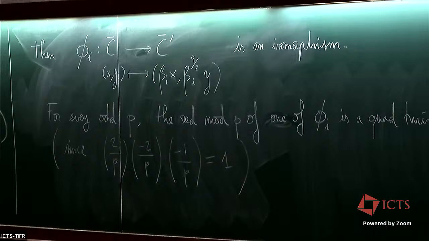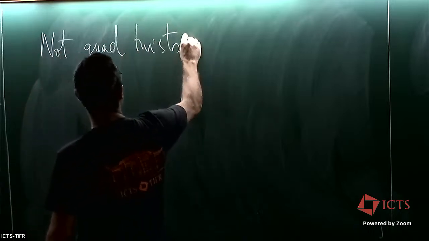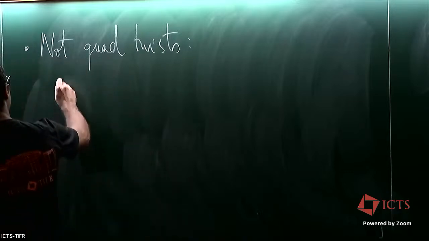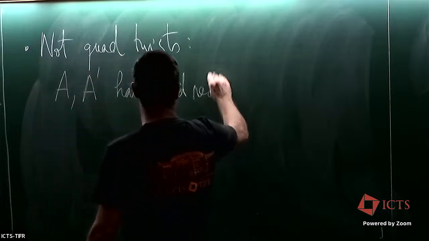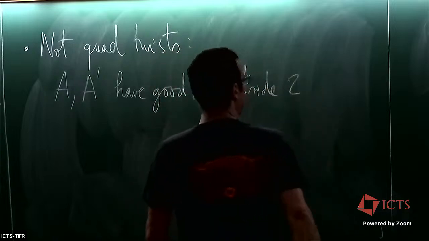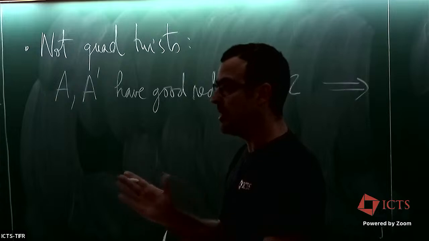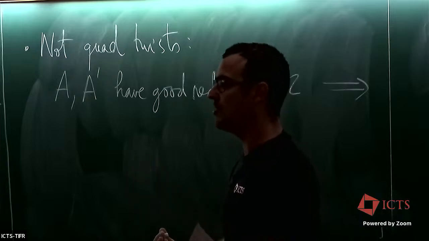How do you show that they are not quadratic twists globally over Q? The first thing you do is to observe that A and A prime have good reduction outside 2. And there's the theorem of Silverberg that tells you that the homomorphisms between two abelian varieties are defined over some extension that is unramified at the primes of good reduction.